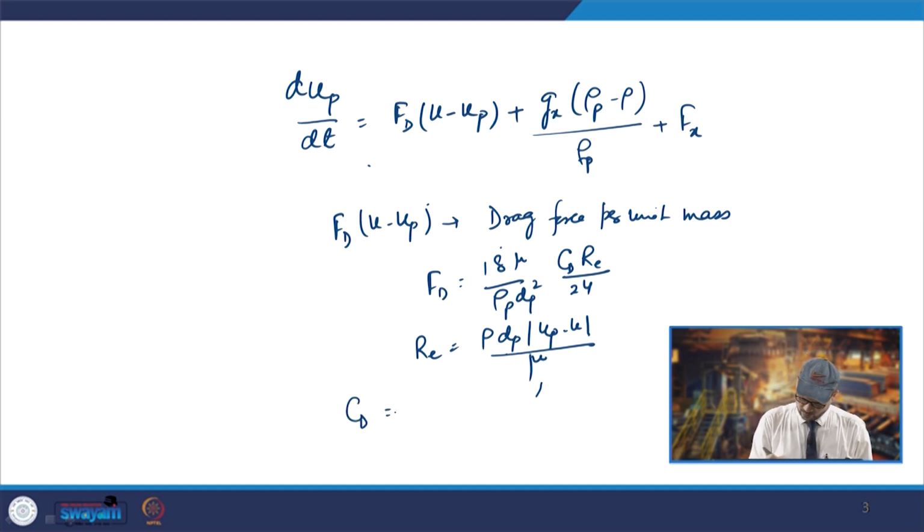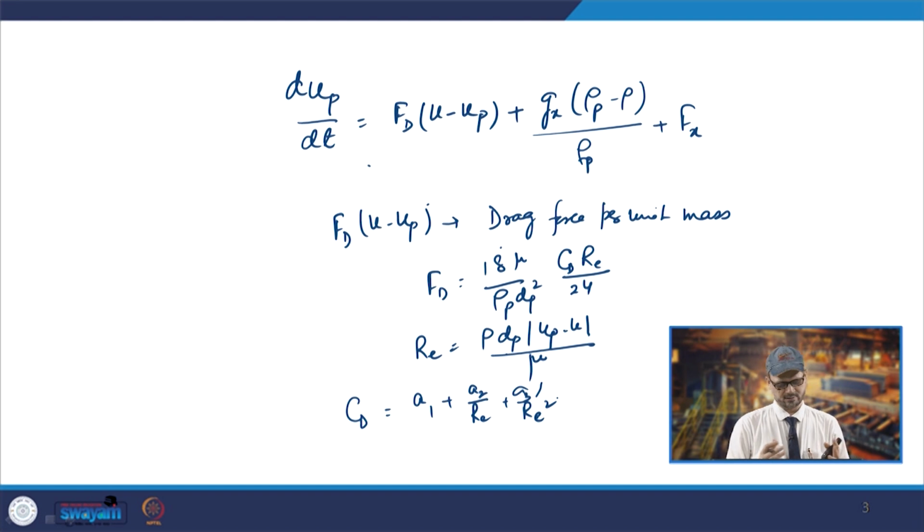Its value can be taken as basically a function of the Reynolds number, so you may have different values. People can take these different values as a function of the Reynolds number. Some people may take it like A1 plus A2 by Re plus A3 by Re square.